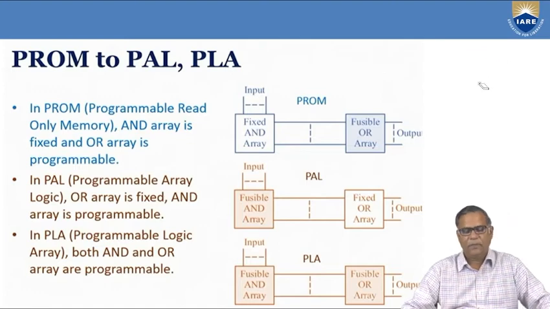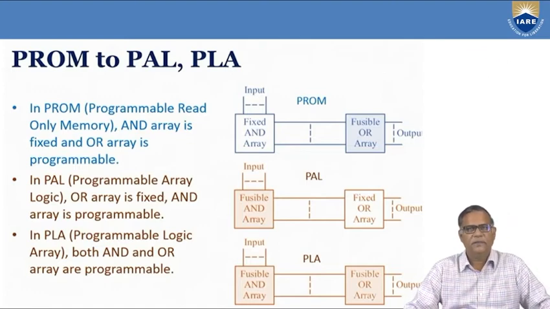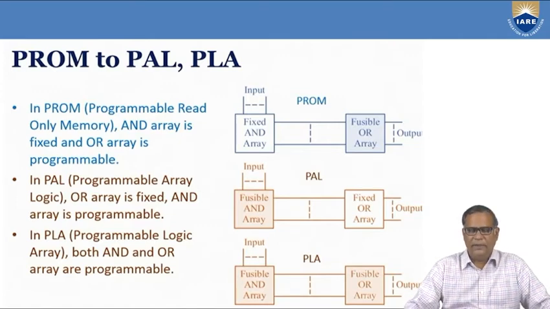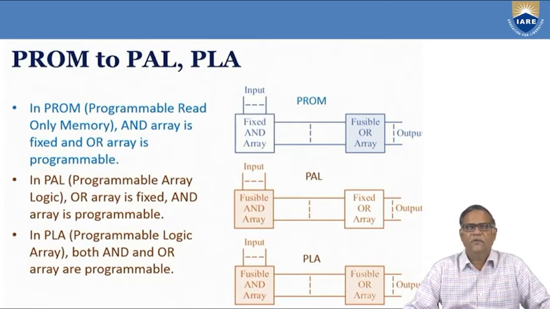Now the first category of PLDs is PROM. The PROM contains a fixed AND array and a programmable OR array. That is the structure of PROM. When you have a fixed AND plane, it functions like a decoder.